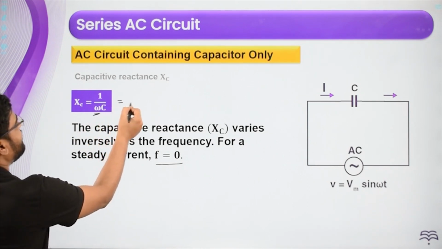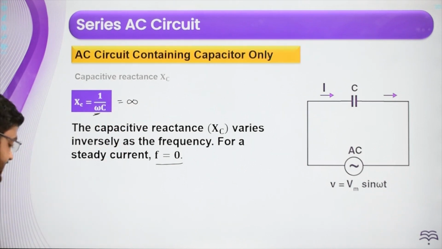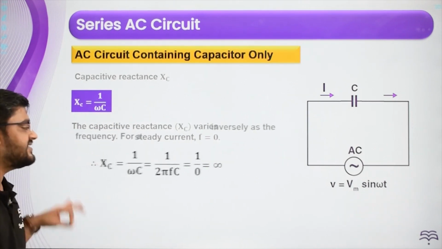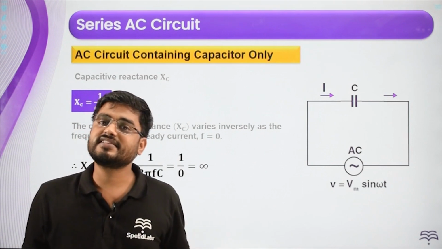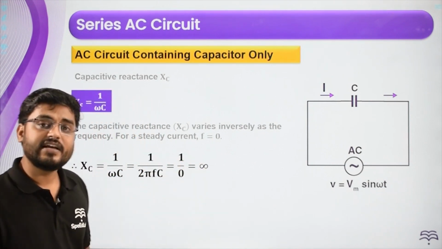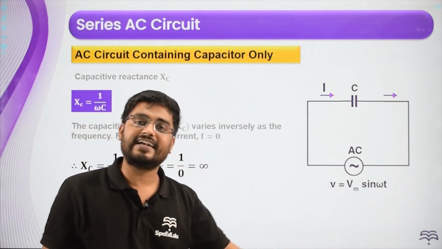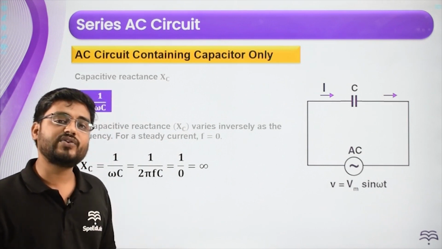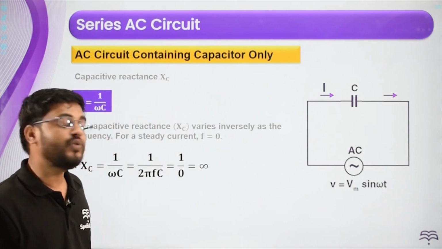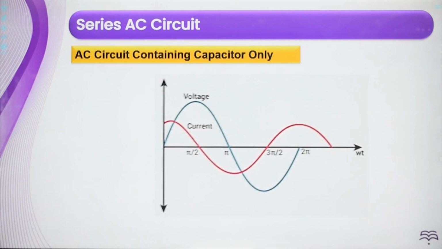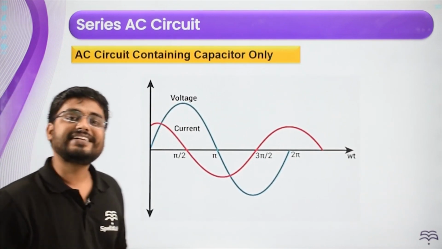What does this mean? Infinity means it will oppose infinitely. It will not allow current to flow at all. So no current will be flowing when a capacitor is connected across a DC source.